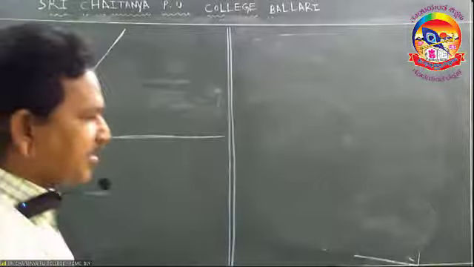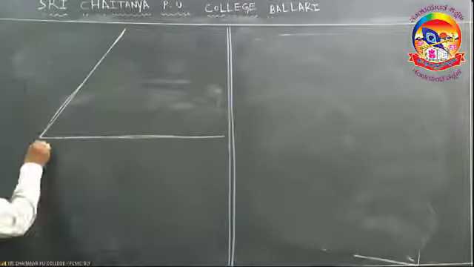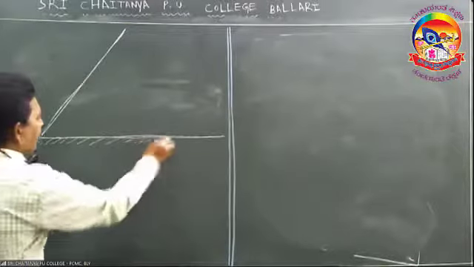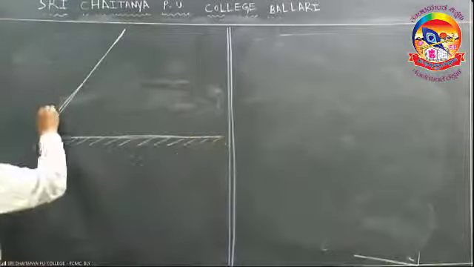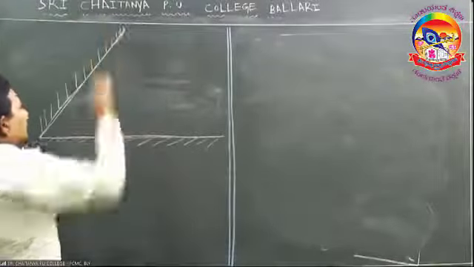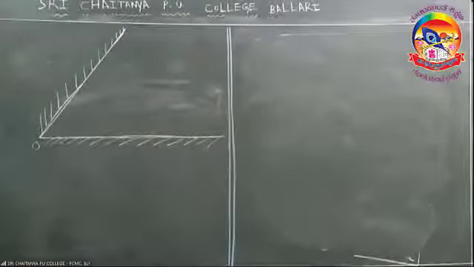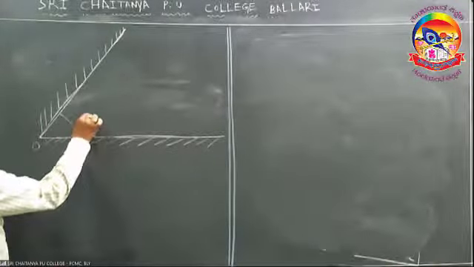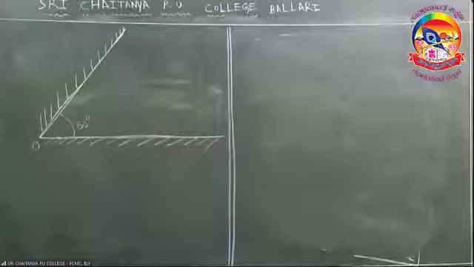This is the 3 reflections concept. This is O, the mirror. The angle between the mirrors is 60 degrees. Once again, I am requesting you to draw simultaneously along with me. After the completion of the diagram, we cannot understand where we started.